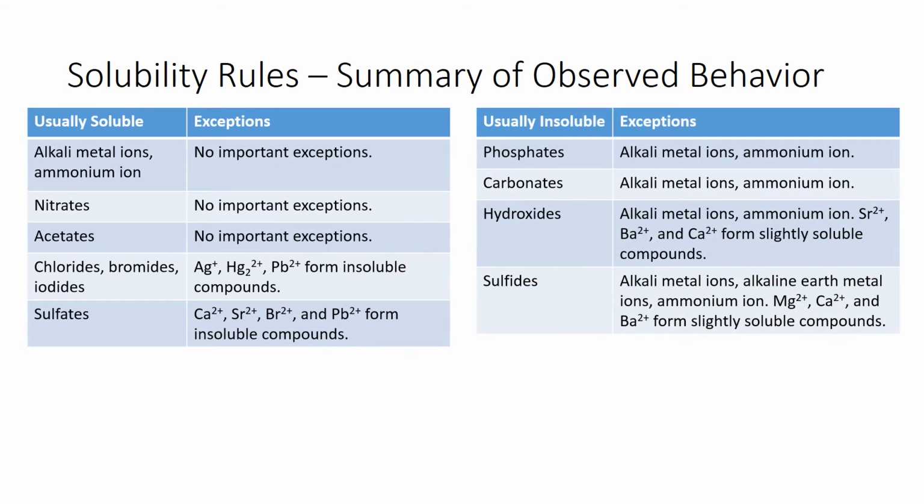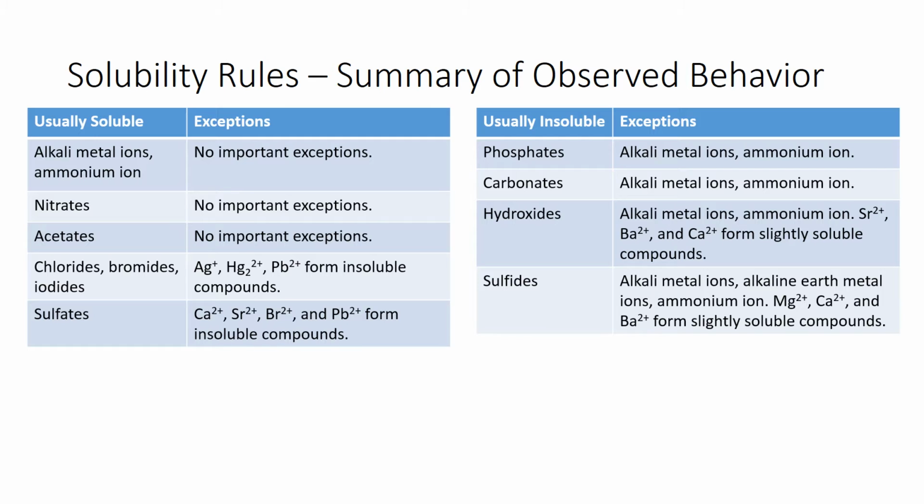Something called solubility rules. And here's a typical list, what they usually look like. It's tables of information that are based on experimental observations. This is a typical list, maybe just like the one in your textbook, or it may be different.